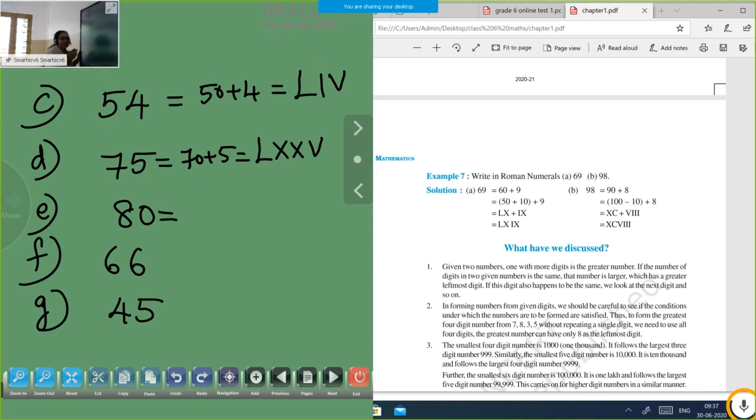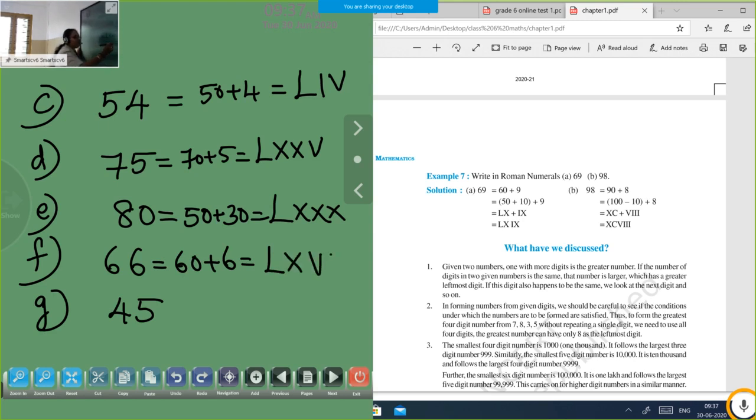Don't worry about that. 80 means what, children? 50 plus 30, that is 80. So L is 50, X, X, X: 60, 70, 80. Correct. Next is 60 plus 6. 60 means L, X, 60. Then 6. 6 means VI. Okay.